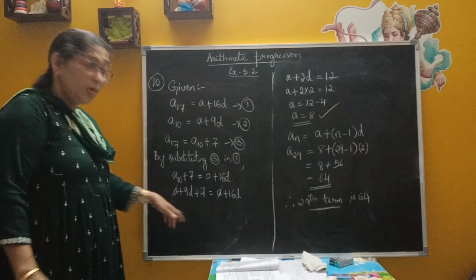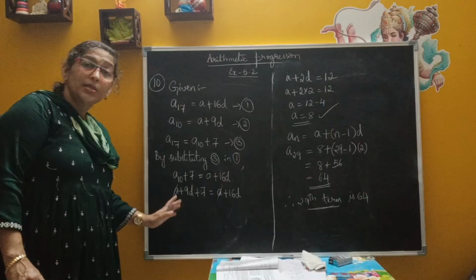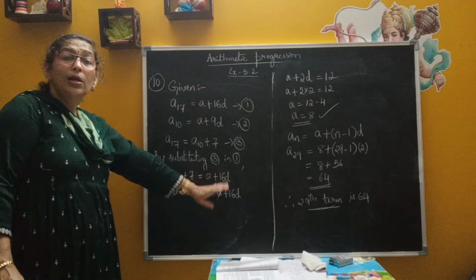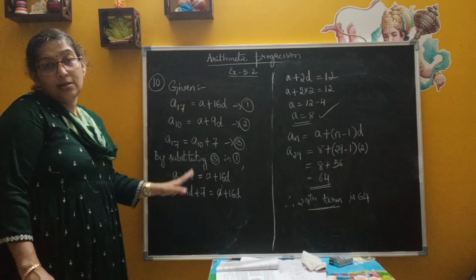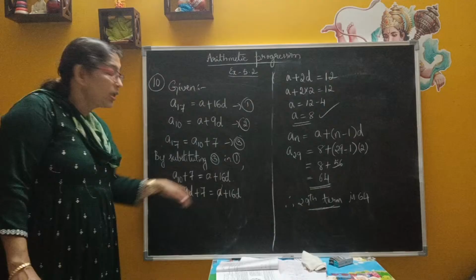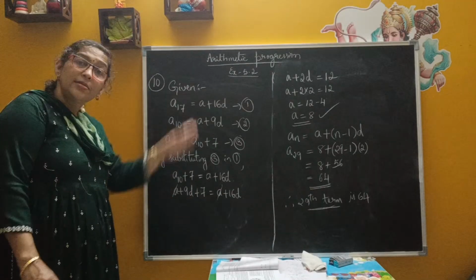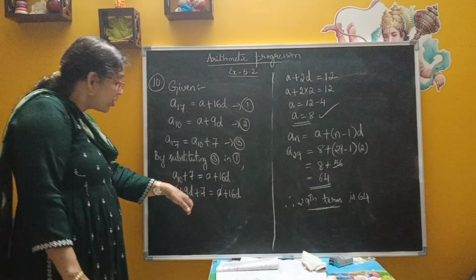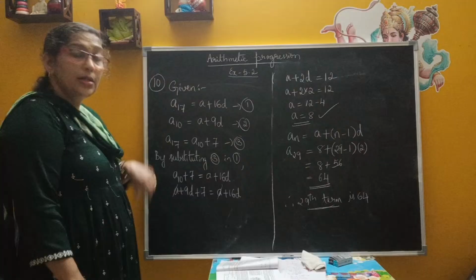Why? Because when you shift it to the other side, whether from LHS to RHS or RHS to LHS, one of the terms changes its sign and it gets cancelled, isn't it? Therefore we can cancel it directly here itself.